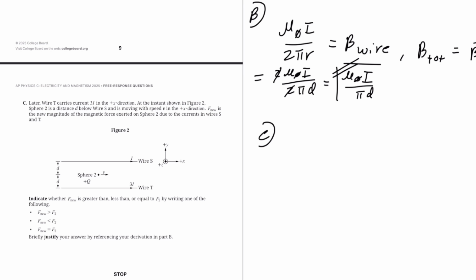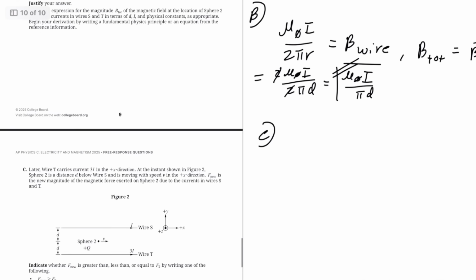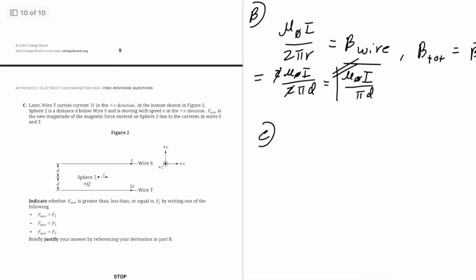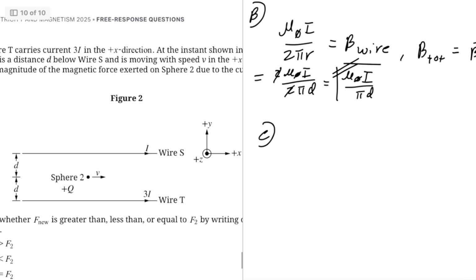So wire T carries current in the positive x direction now, so they're both moving in the same direction. Let's use our right-hand rule to logic the situation out before we even look at it. That one will point into the page, and wire T will come out of the page. So now we have to subtract their magnitudes, right?